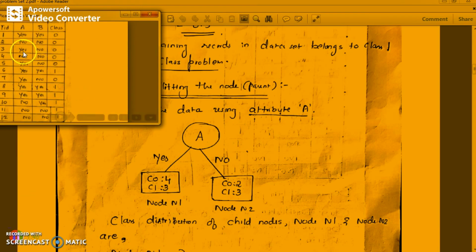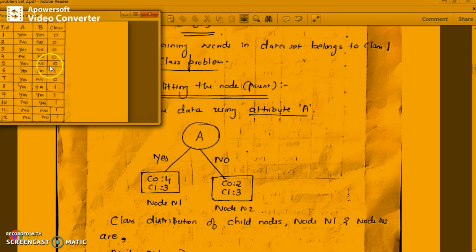So for attribute A value equal to yes, how many yes records belong to class 0? Just look at column A only, because I've chosen attribute A. The first record belongs to class 0, then the third record, then the fifth one.